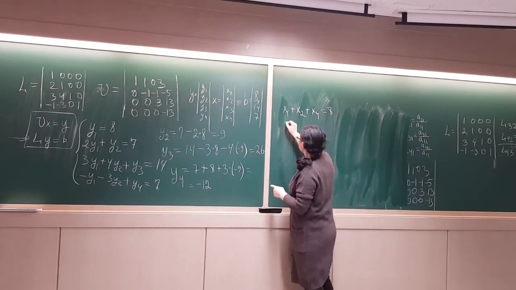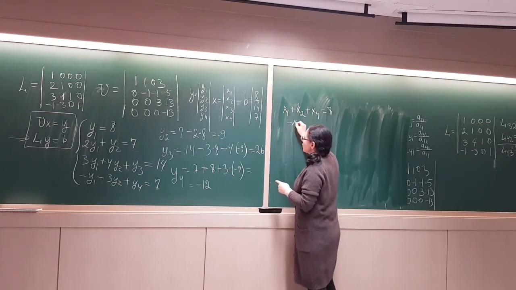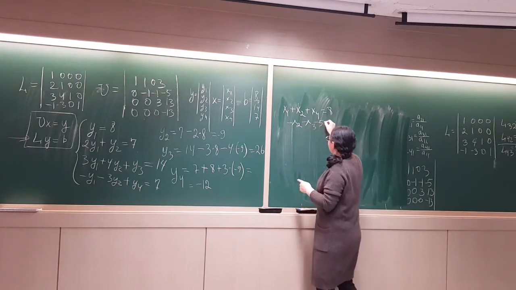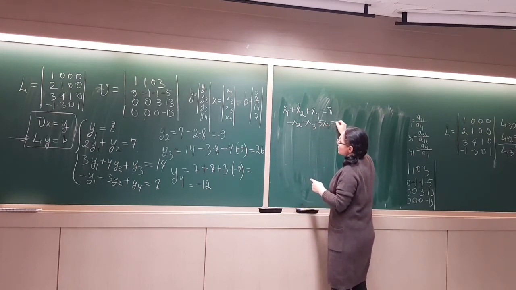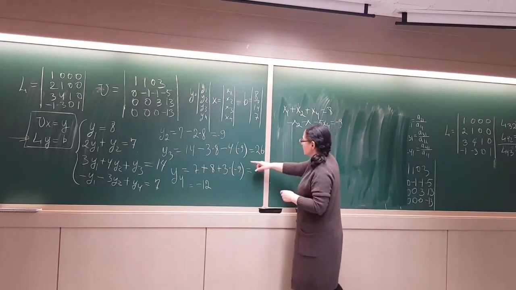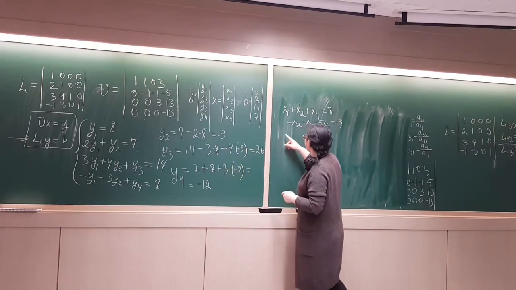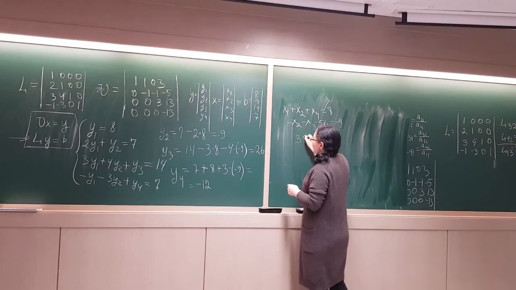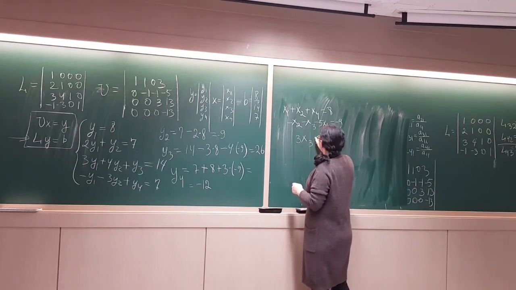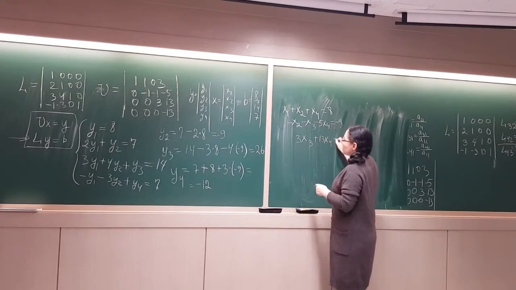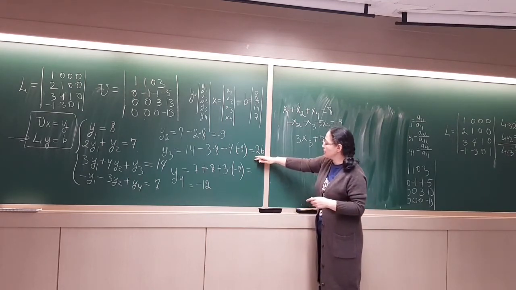And second is minus x2 minus x3 minus 5x4 is minus 9. And here, second is 3x3 plus 13x4 is 26, right?